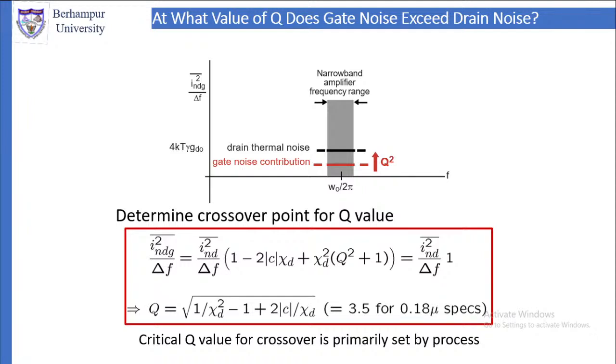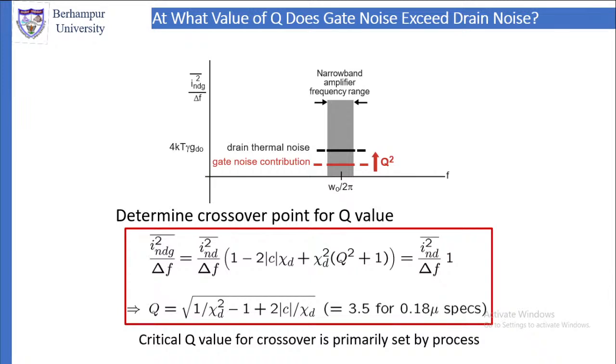Now as you keep increasing Q square, you will reach a value of Q for which the gate noise will exceed the thermal noise.